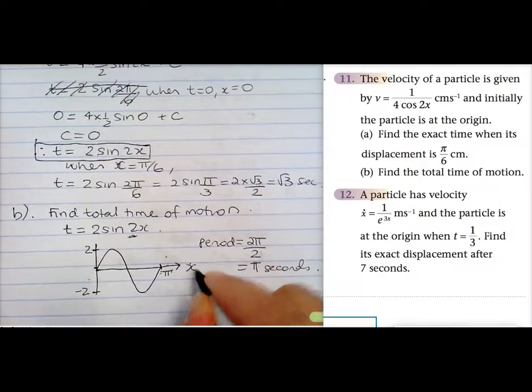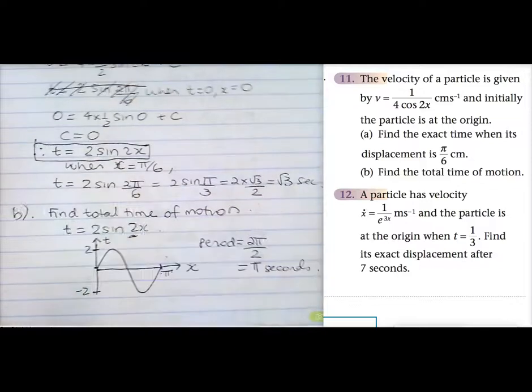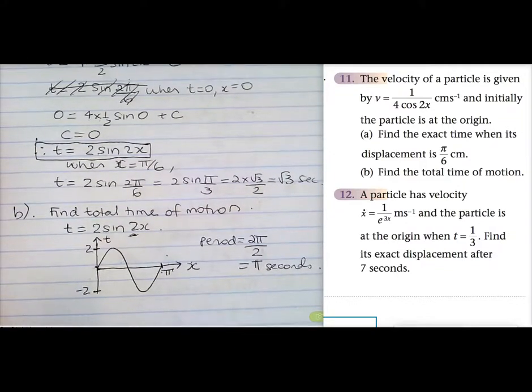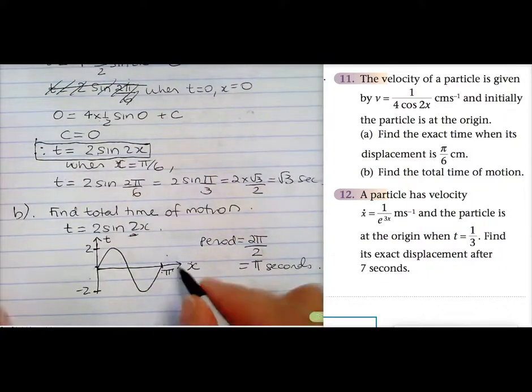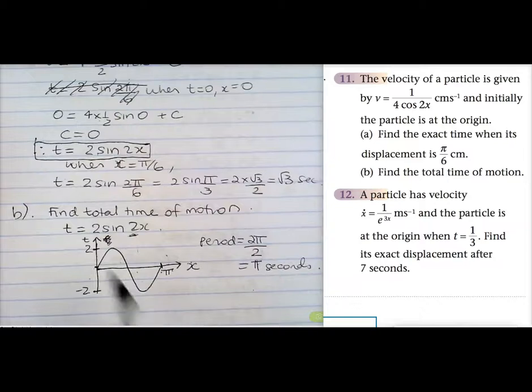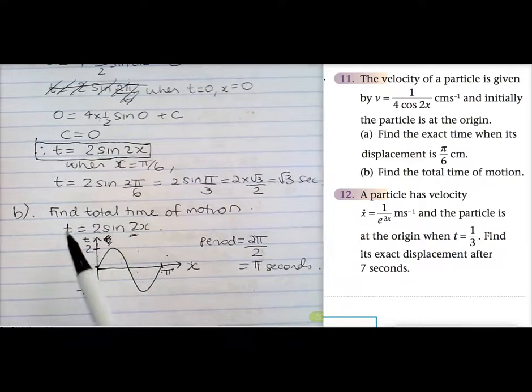So the total time of motion, this is t. No, this is x. Sorry, I'm wrong. That's t. I better draw it properly. I'm not finished, sorry. The period is pi. This is the graph. But, no, guys, isn't this t up here? Oh, got it. Yes, I know it. Sorry, guys. This is x displacement. This is t time. This is the correct graph because you can think of it as y equals 2 sine 2x.